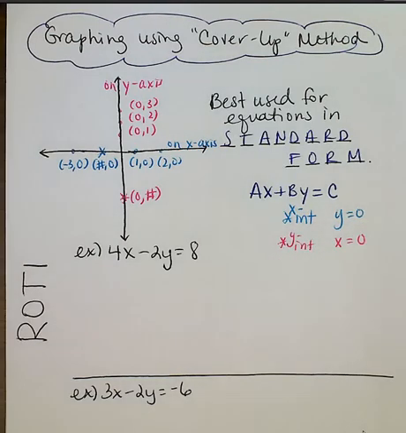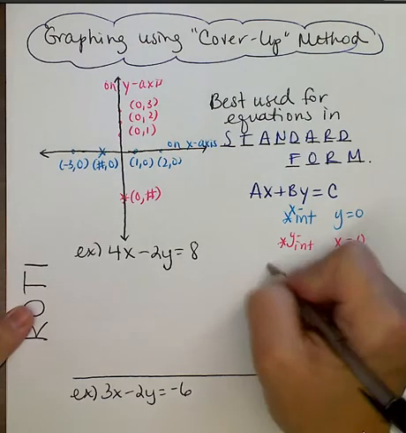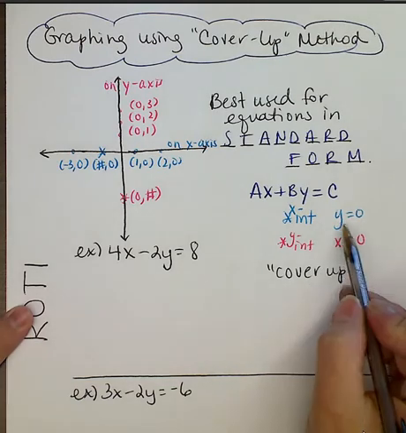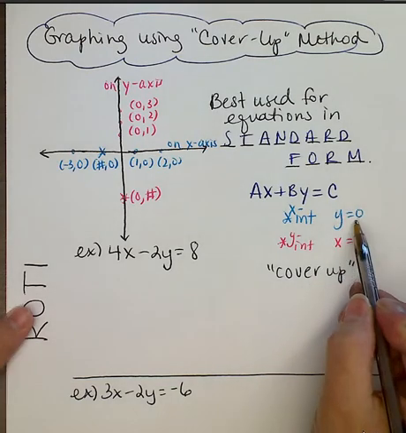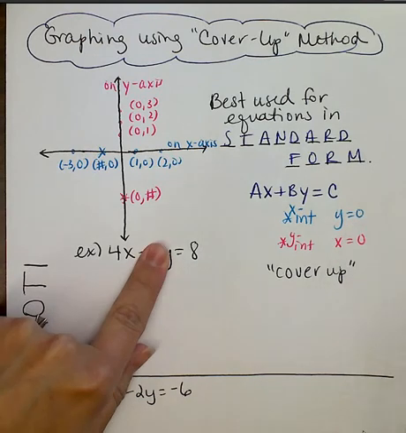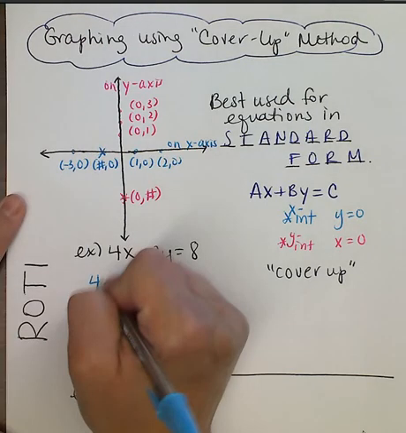So using that premise, sometimes teachers like to call this the cover-up method, because if I'm going to plug in a 0 for y, that means there's going to be a 0 in here, and anything times 0 is 0, we can cover it up. And what remains is 4x equals 8.